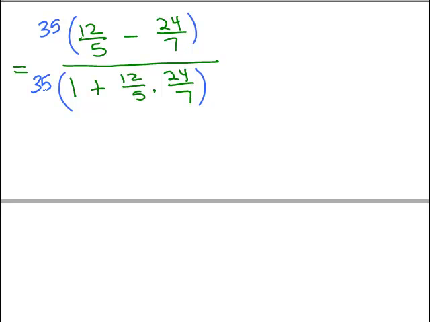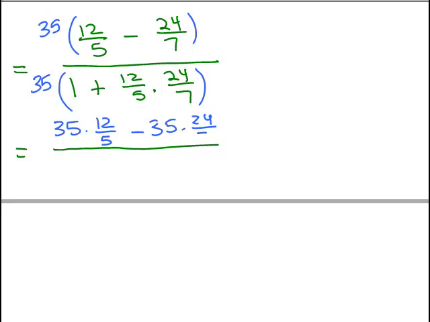So I'm going to have 35 times the 12/5 minus 35 times the 24/7. I'm distributing the 35. And then 35 times 1 plus 35 times 12/5 times 24/7.